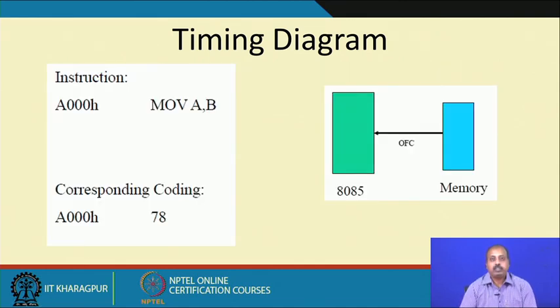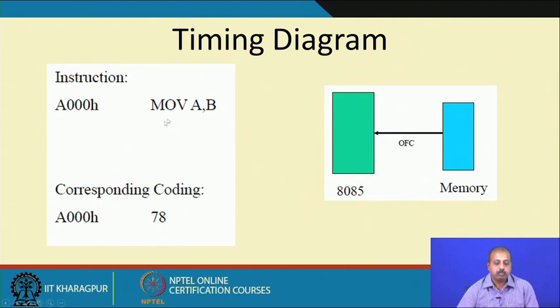To look into the first example, let us look into the instruction MOV A comma B. Suppose this MOV A comma B is stored at the memory location A000 hex. The first thing that has to be done is that this instruction has to be brought to the instruction register from the memory.